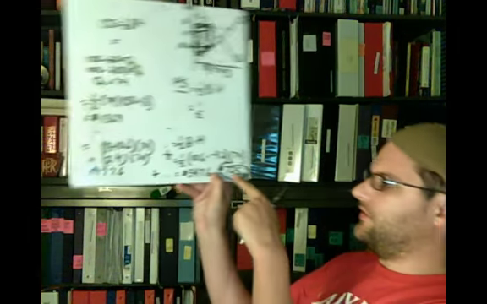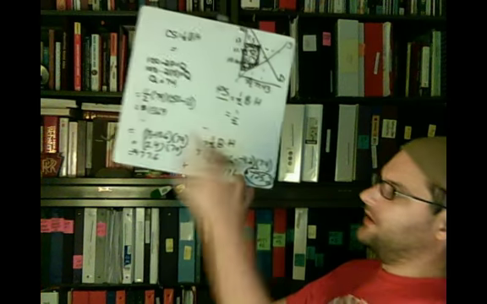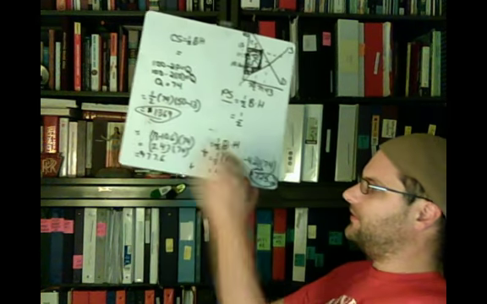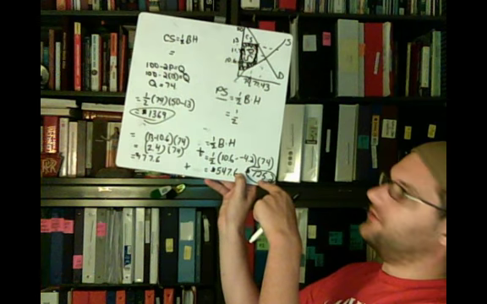Right, that would be 725.2. So now I've got a consumer surplus, I've got a producer surplus.